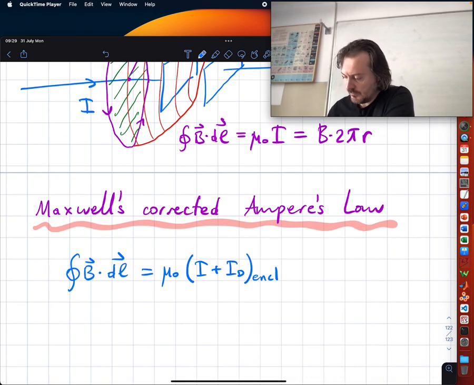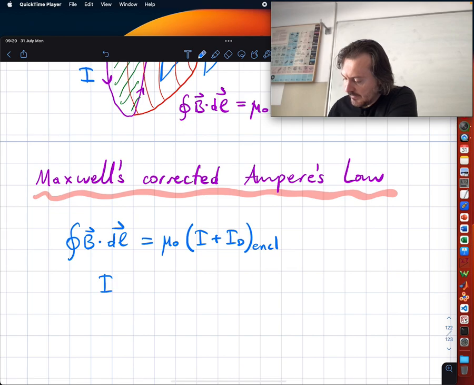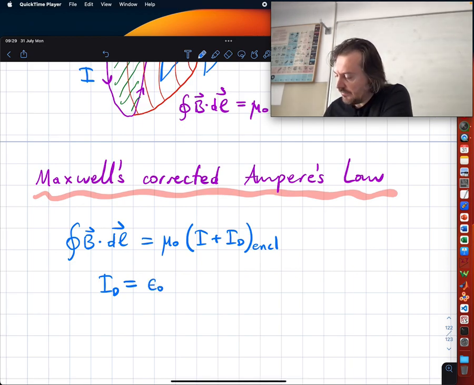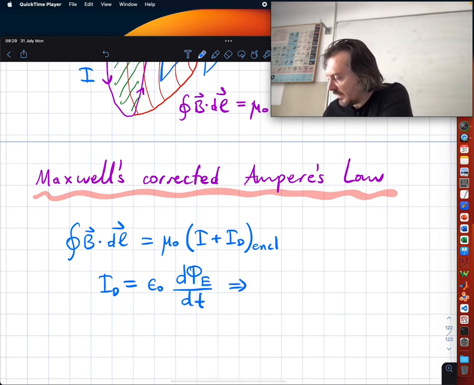current. I_D in this case is defined as epsilon 0 times d phi E over dt, and this is named displacement current.